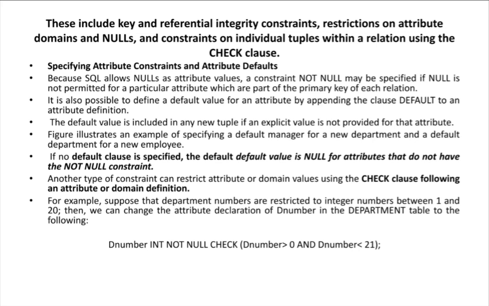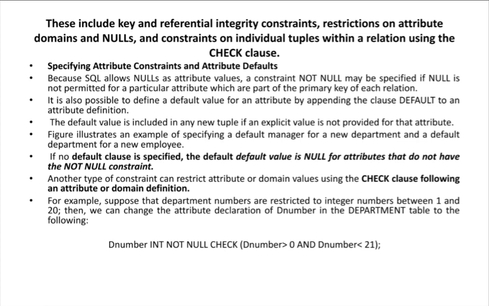So first, I will start with the attribute related constraints. So what is attribute related constraints? For example, SQL allows null values for the attribute values. You can use the null value where the value is not applicable.